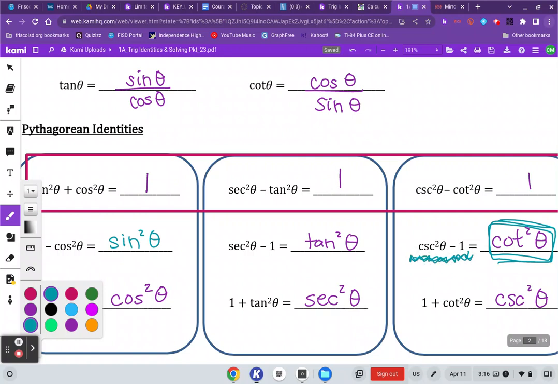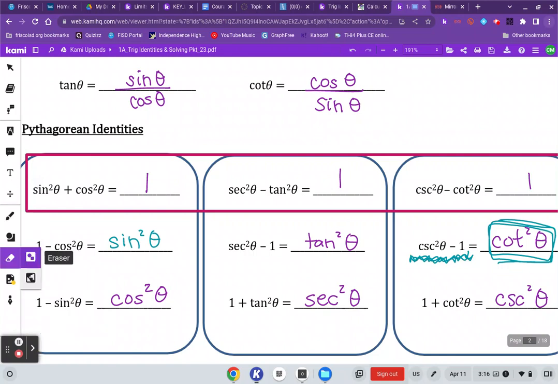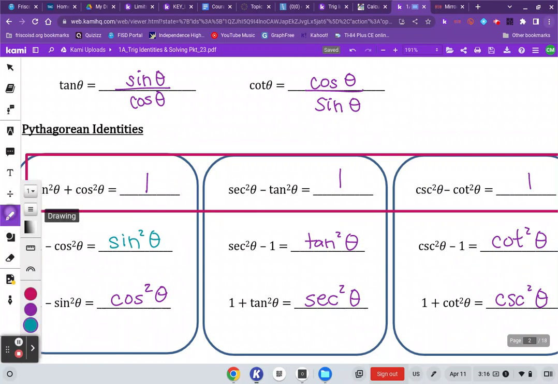Maybe I have some other cosecant terms that I would be able to add it to or subtract it from or possibly multiply. We'll see those examples as we go through the packet. But the whole reason for having these is so that we can substitute them in place of different terms in order to simplify or prove or solve an equation of some sort.